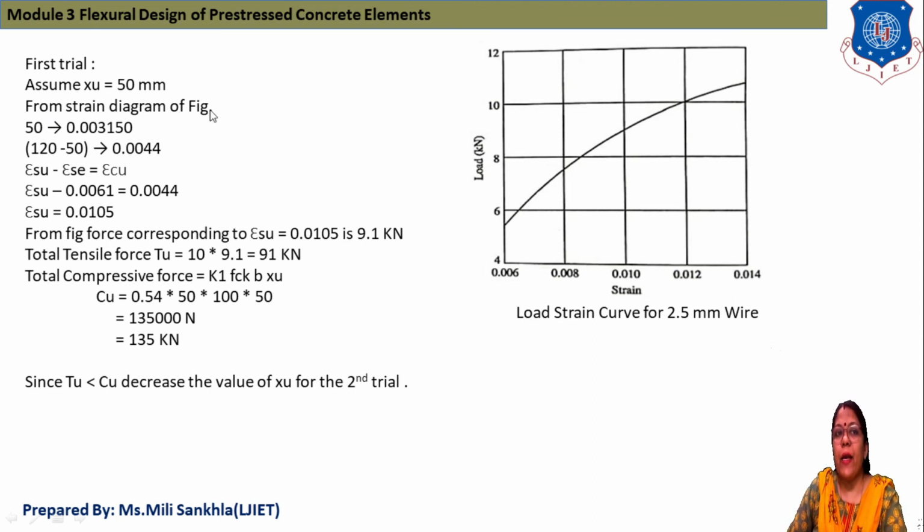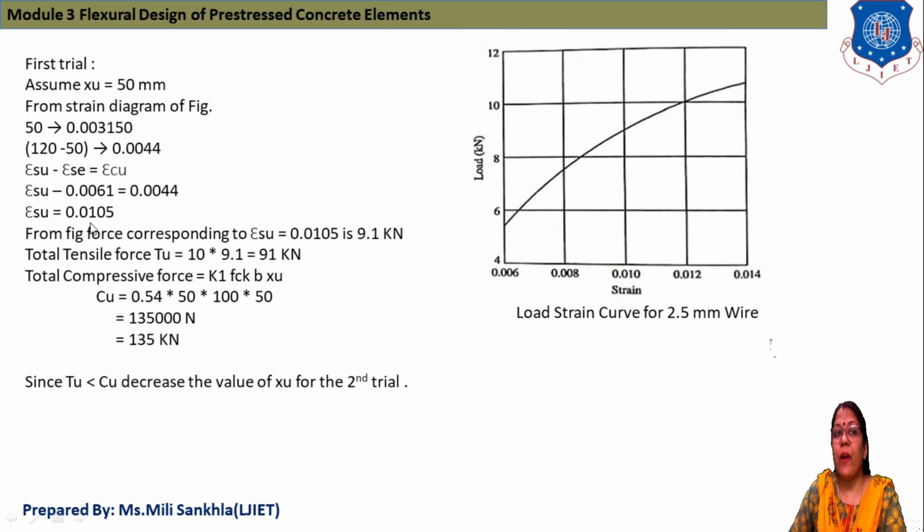From this strain diagram, when 50 is given, then that is 0.00315, then 120 minus 50 gives 0.0044. Epsilon Su minus epsilon Se is equal to epsilon Cu, and here epsilon Su minus the value we already found, 0.0061, is equal to 0.0044.